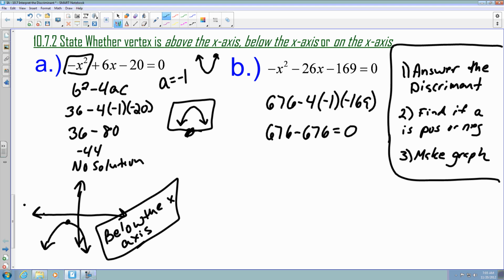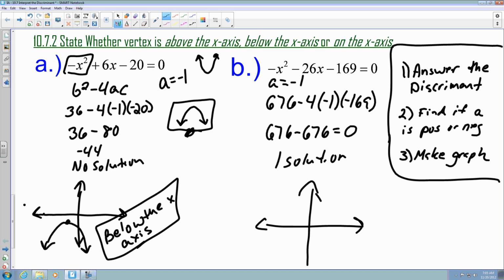So we know that it only has one solution. And we realize that our A equals negative 1, so we know that it's going to be in a downward direction.